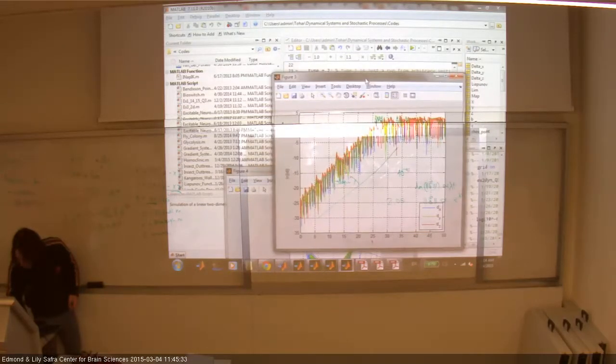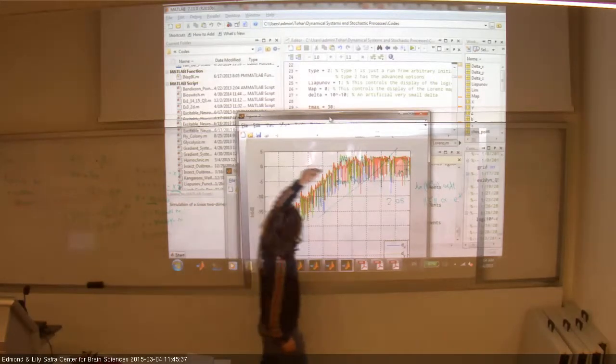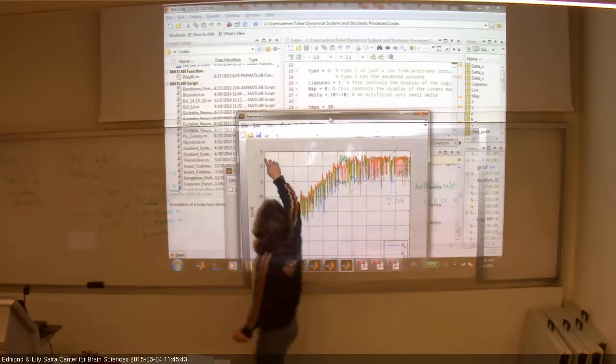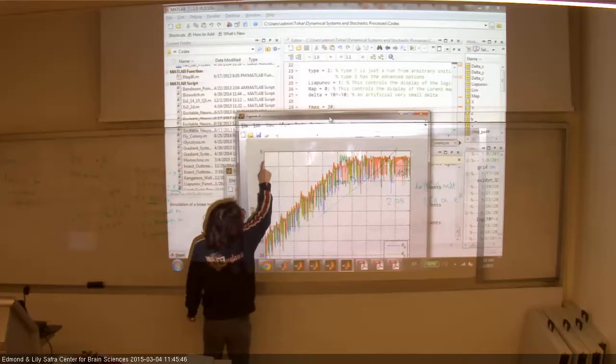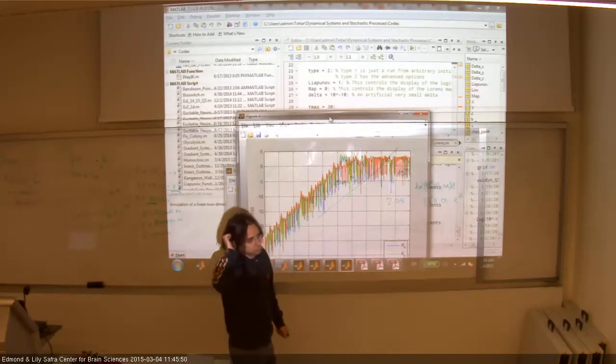Actually, here it's not really 0. See the units here. It's above 0. So logarithm of, I don't know, almost 3. Might be the largest separation that you get.